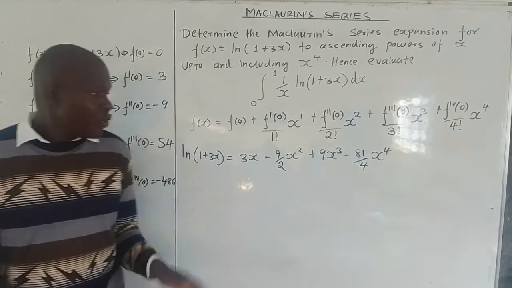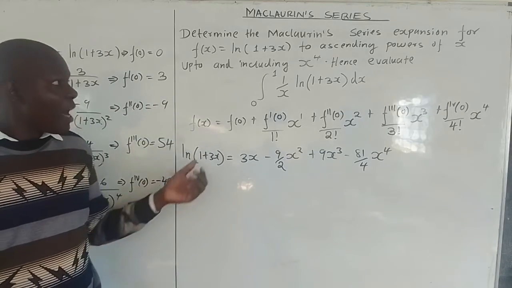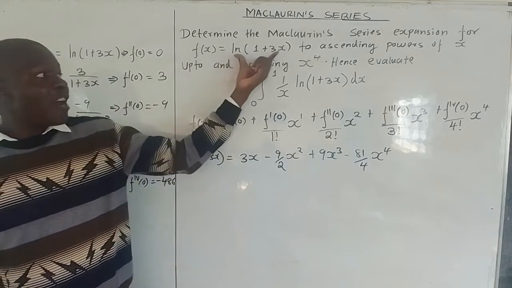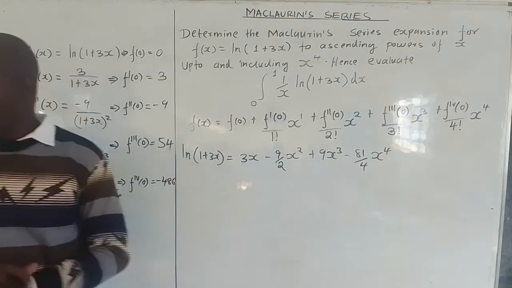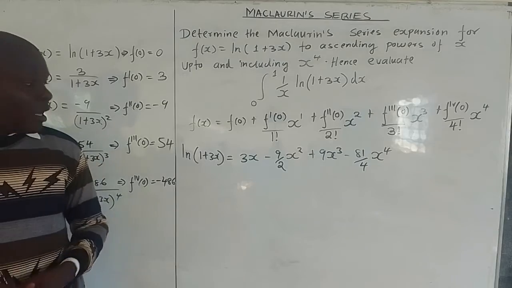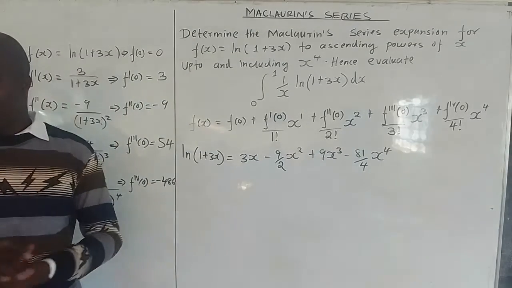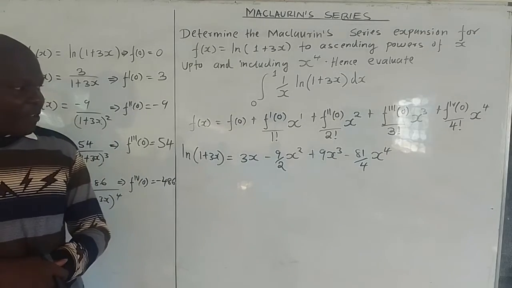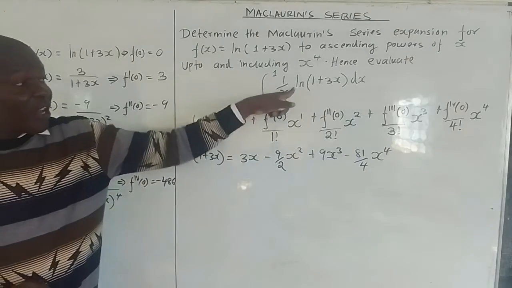So you see, you substituted everything. So it means you found the Maclaurin series expansion of ln of 1 plus 3x to be this. Is that okay? Now, having found the Maclaurin series of this function, you've been told to use it to evaluate this integral.